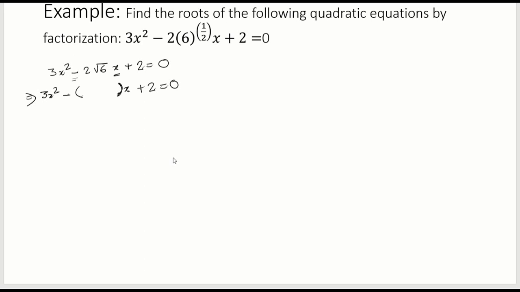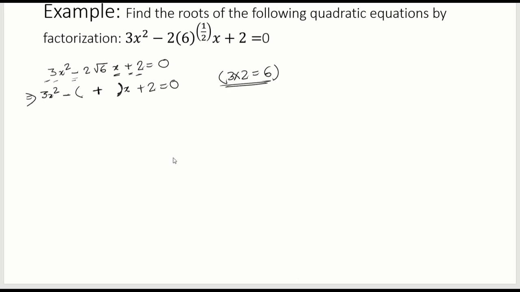You see the operator in front of the constant term is plus, and the operator in front of the squared term is plus, so both the plus when multiplied gives a plus sign. Also I told you in the previous slide that we need to multiply this 2 and this 3. If we multiply 3 and 2, we get 6.